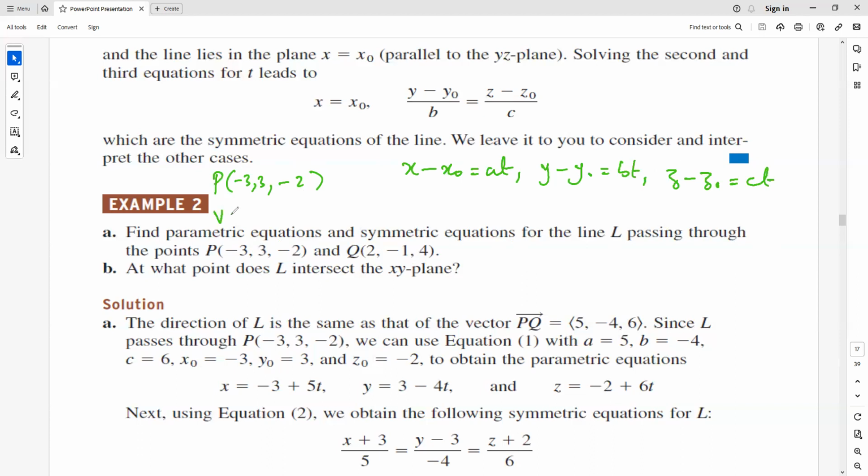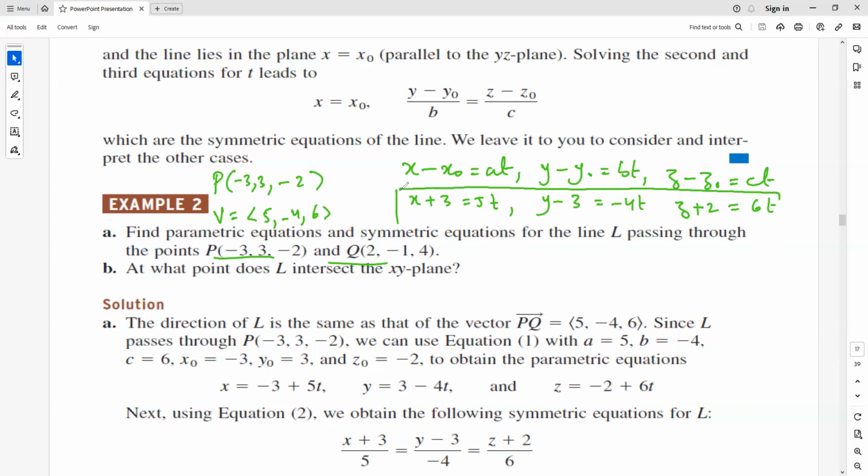And the vector V we got was 5, negative 4, and 6. So it will be x plus 3 equals 5t, y minus 3 equals negative 4t, and z minus minus 2, that is z plus 2, equals 6t. So this is the parametric representation of the given line.